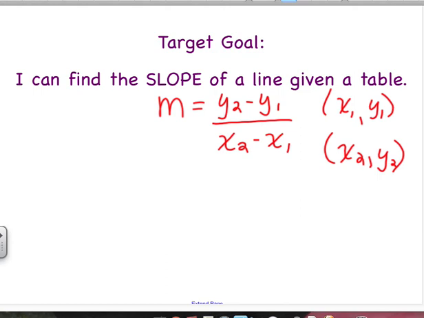And that was all: plug the numbers in and then do the subtraction on your calculator or in your head, and then you arrive at the slope that way. That was a previous lesson.